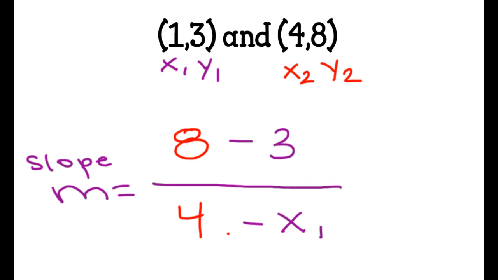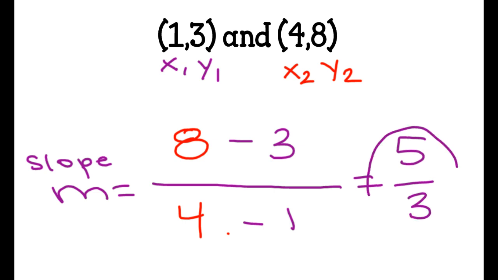We're going to take out our x1, which is 1. So now we just subtract. 8 minus 3 is 5. 4 minus 1 is 3. So our slope is 5/3. If that were to be a graph, that would mean it would go up 5 over 3, and there would be dots. And then up 5 over 3, and so on to make a line.